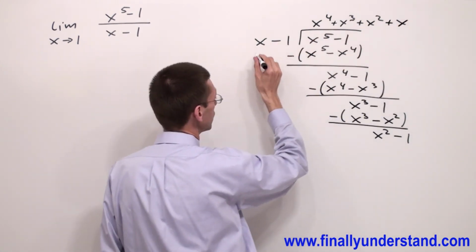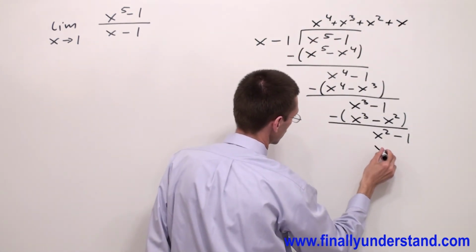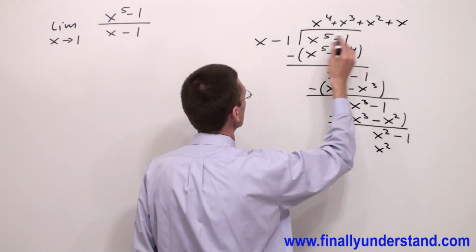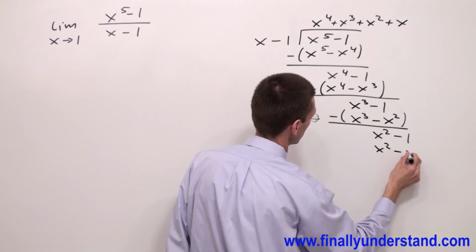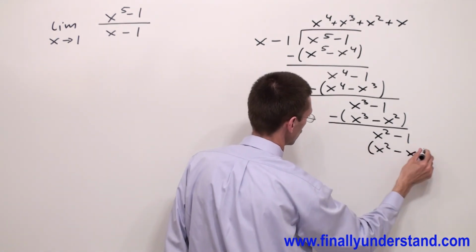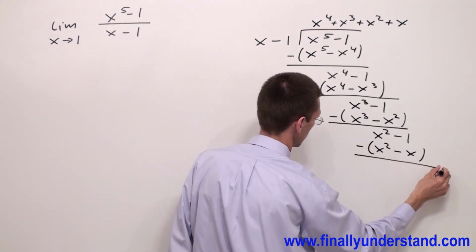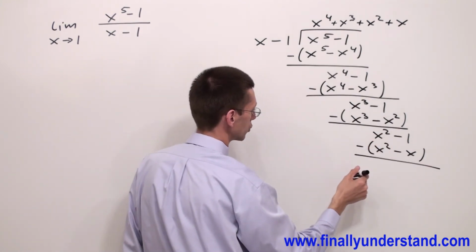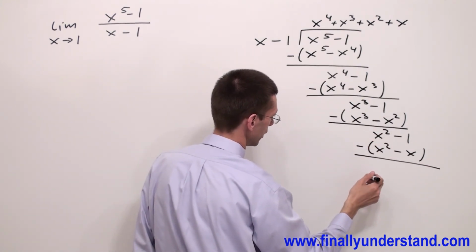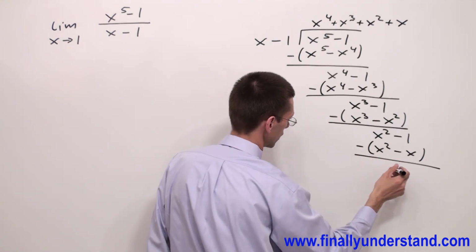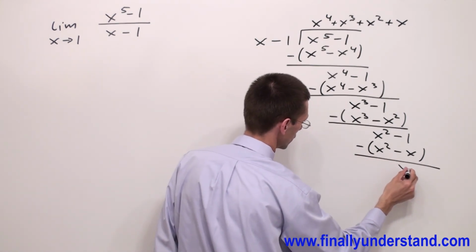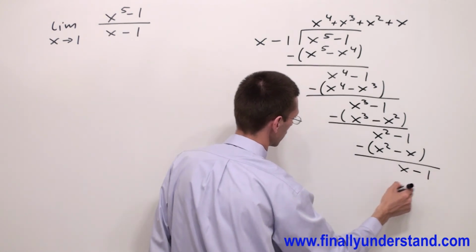X times x gives me x squared. X times negative 1 is negative x. Subtract. X squared minus x squared is 0. And negative times negative x gives me x minus 1.